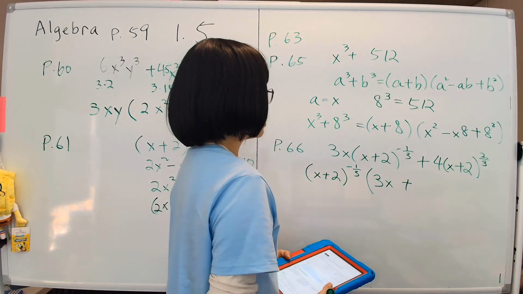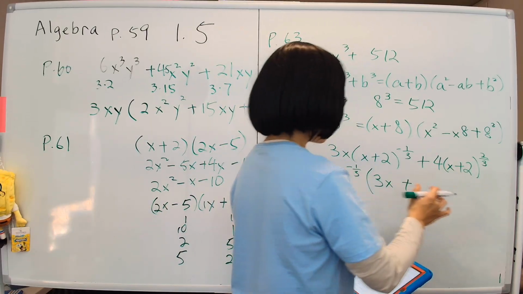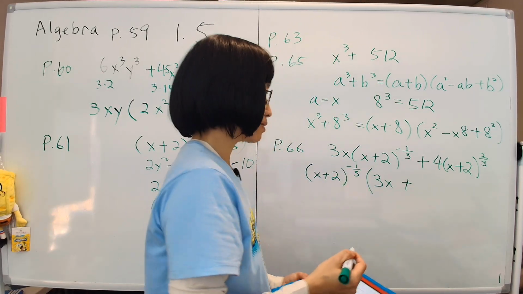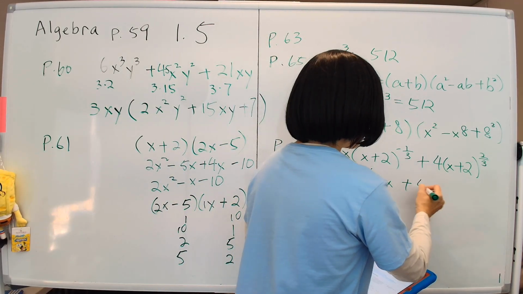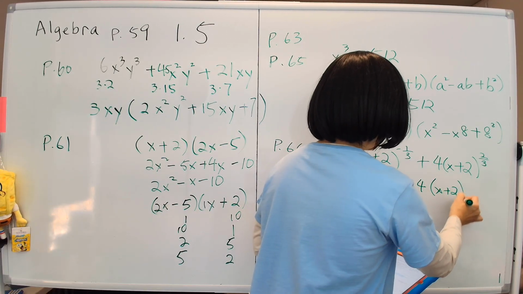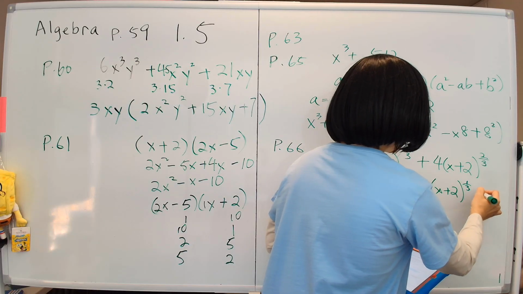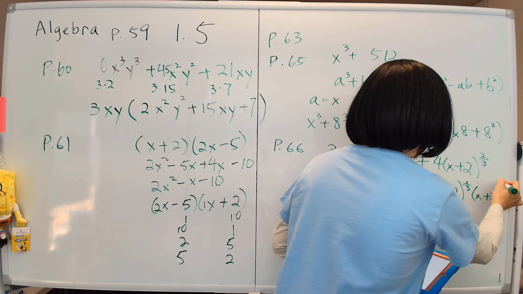Now, in order to factor something like this out, we need to multiply this term by the factor we pulled out, because that's how you factor. So this is equal to 4 times (x plus 2) to the power 1/3, and times (x plus 2) to the power 2/3.